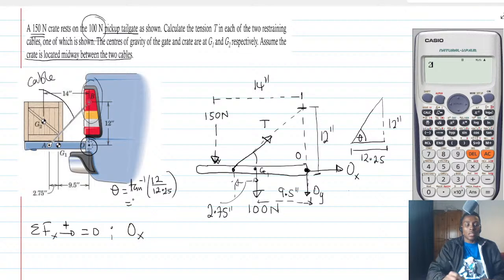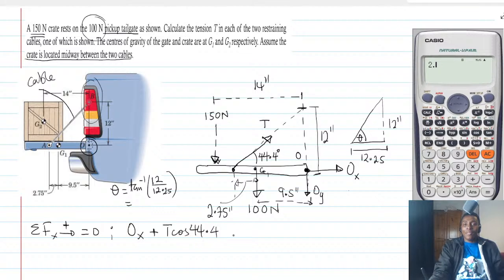What is that? So tan inverse of 12 divided by 12.25. So we get 44.4. So 44.4 degrees. Is that clear? Alright. So now we can resolve the tension. So plus T cosine 44.4.